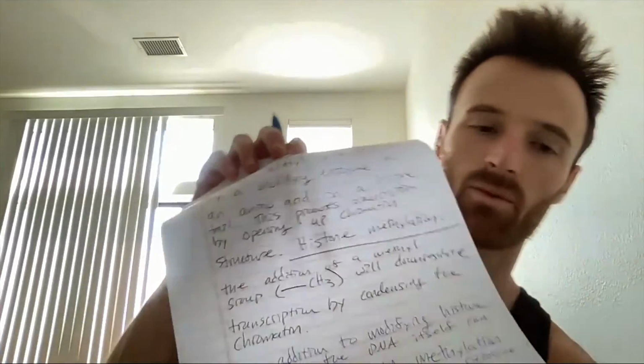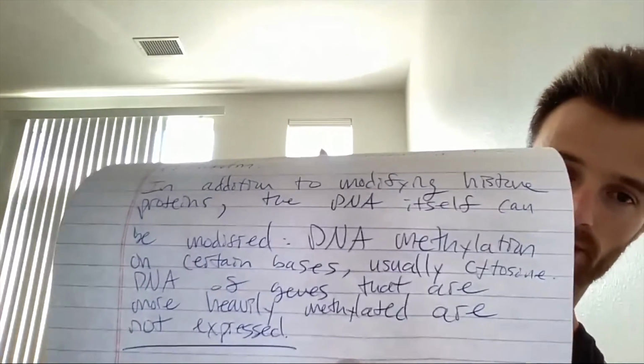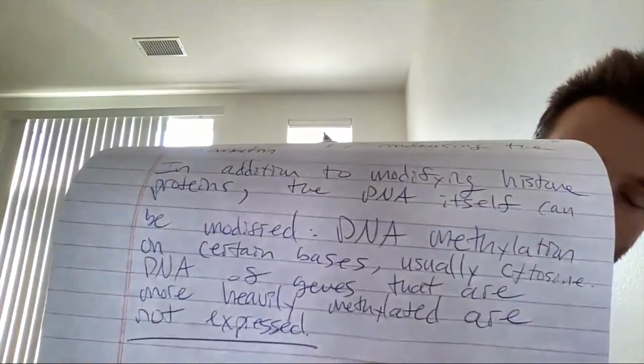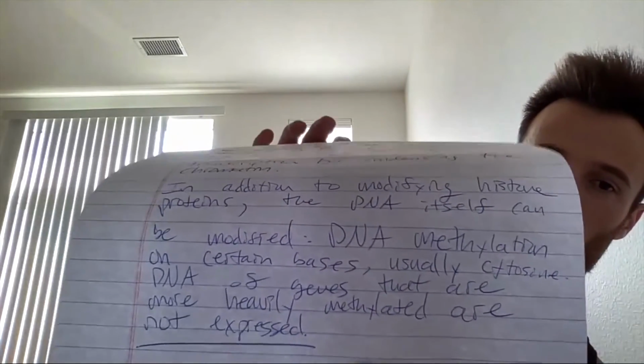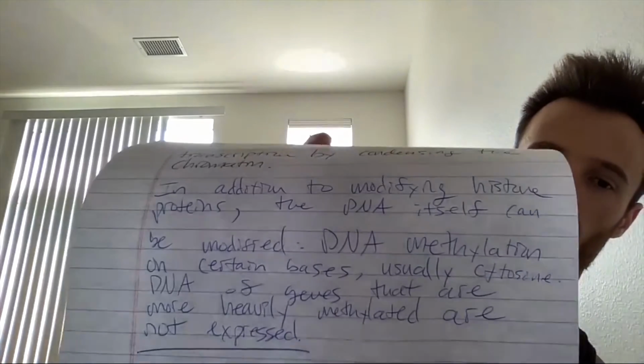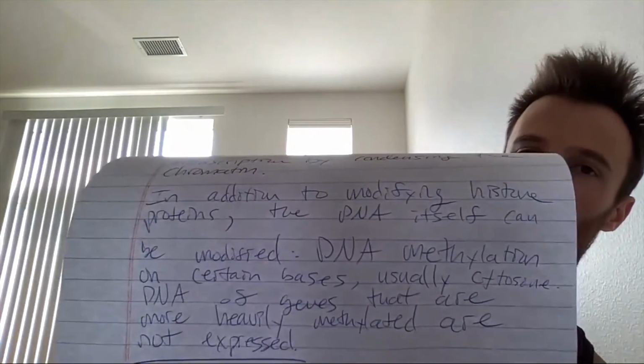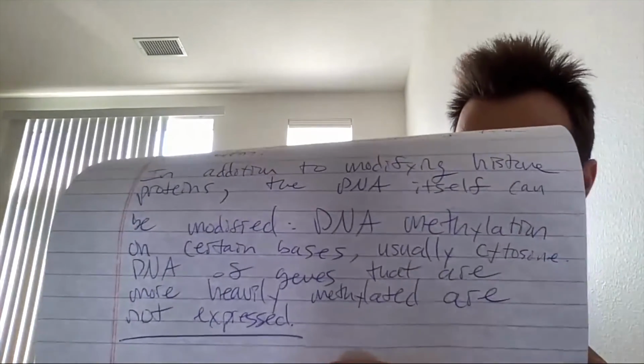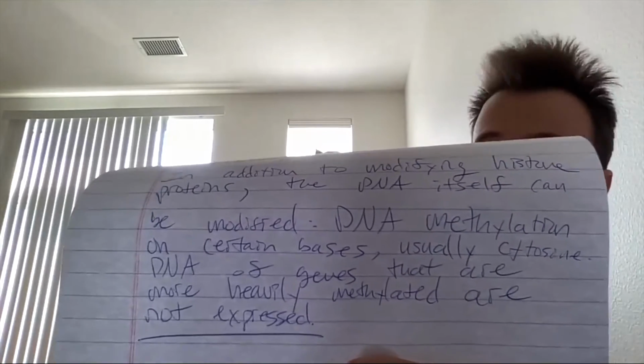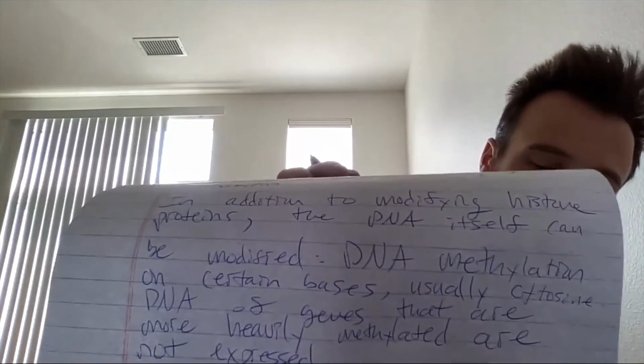So methylation really silences transcription, or silences genes, we call it. Gene silencing, we're turning them off. We're not going to carry out transcription or produce that protein product encoded by that gene.